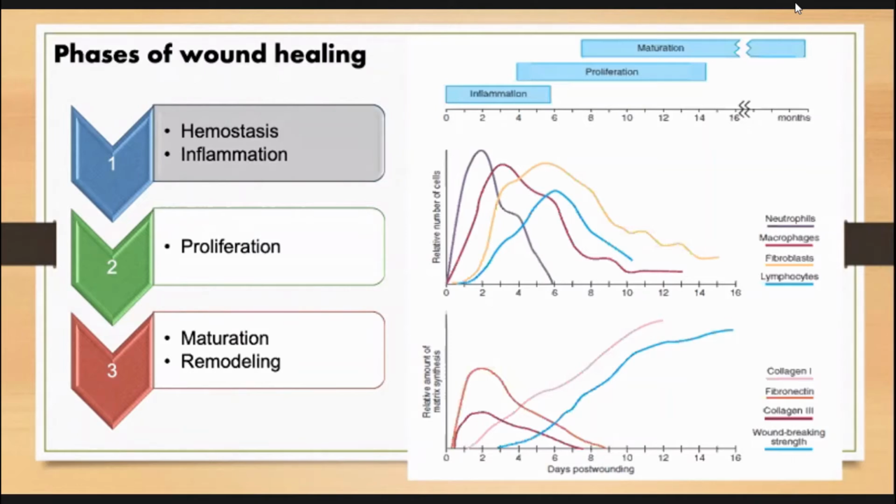They remove cellular debris and release further cytokines acting as attracting agents for macrophages. Then you have fibroblasts. They now migrate into the wound after your neutrophils and secrete collagen type 3.